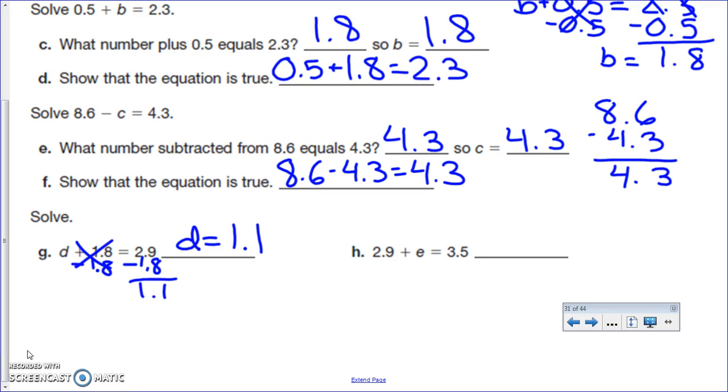Because addition's commutative, we can change the order. Now we're going to subtract 2 and 9/10 from both sides to get the variable by itself.